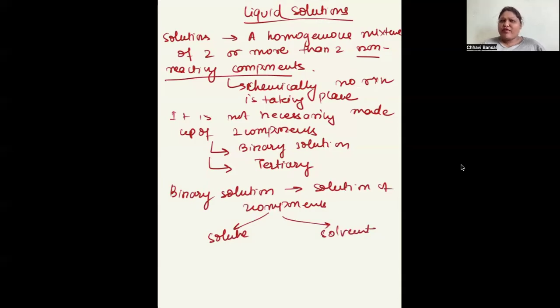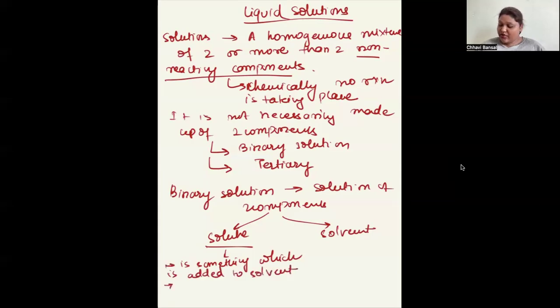We have a very basic idea of what is solute and what is solvent. Like if I take the example of sugar being added into a glass of water, sugar will be called the solute and water will be called the solvent, right? So the very basic definition is: solute is something which is added to the solvent.